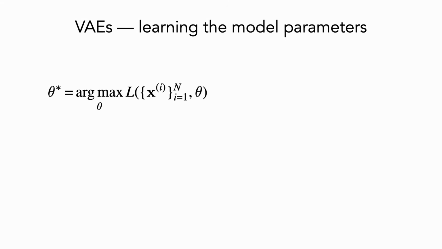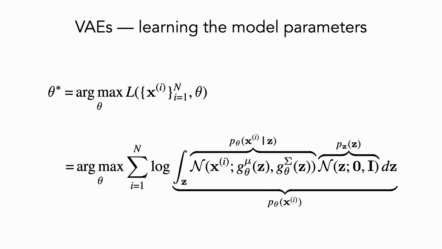I'm going to use the notation L to represent the objective function, which is the data log likelihood. So L is equal to this equation down here. That equation is the marginal likelihood: the probability of x given z times p(z), integrated over z, is p(x). Log of p(x) is the log likelihood. I'm trying to maximize the log likelihood my model places on the data. And this outer sum over n data points is my training set.